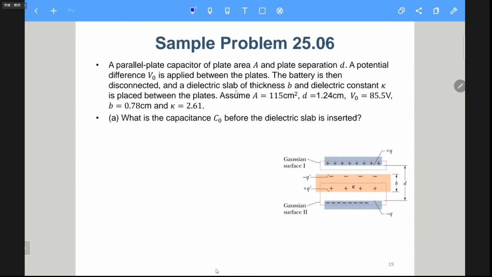And a dielectric slab of thickness B, with B smaller than D, so there will be some gap between the slab and the plates, is placed between the plates. Assume A, D, V0, B, and kappa are given. What is the capacitance C0 before the dielectric slab is inserted?